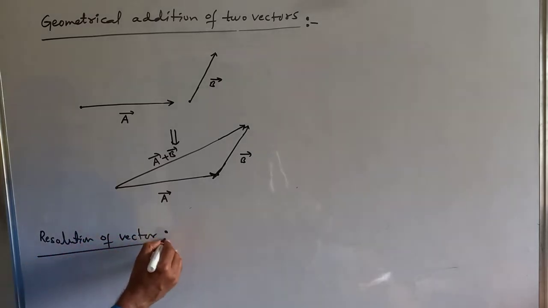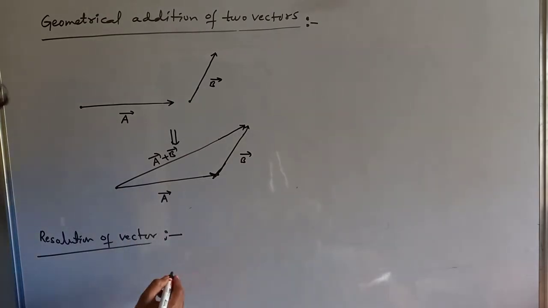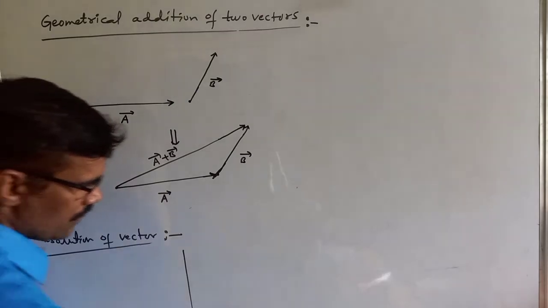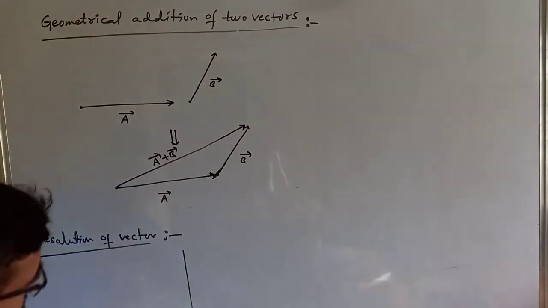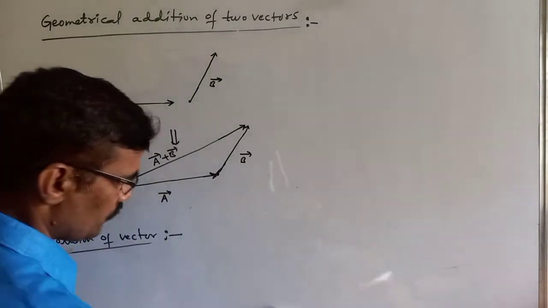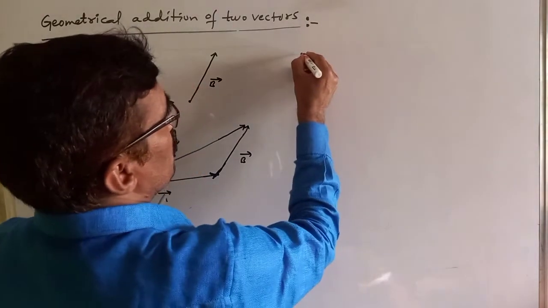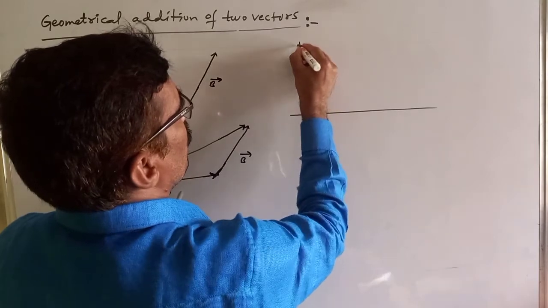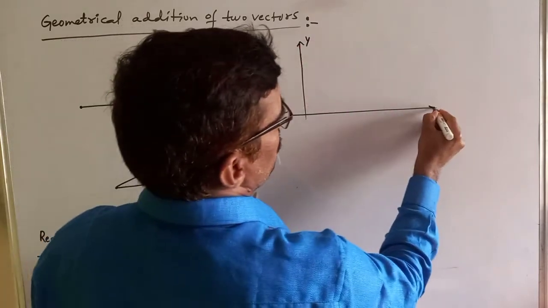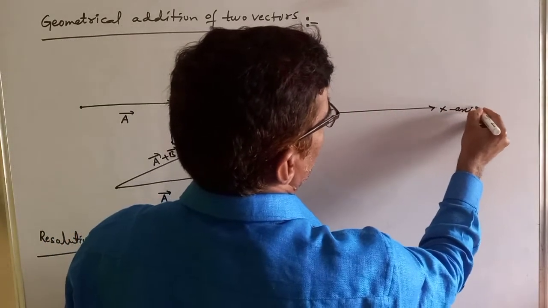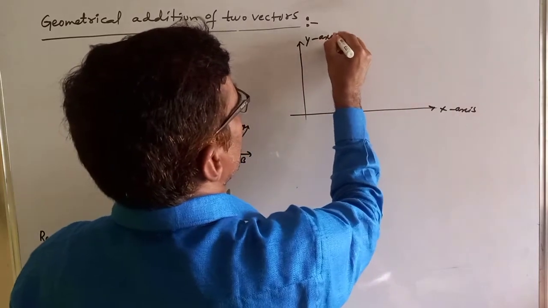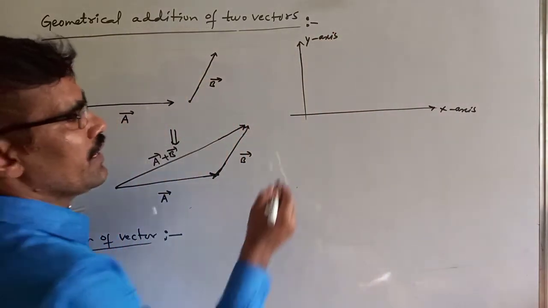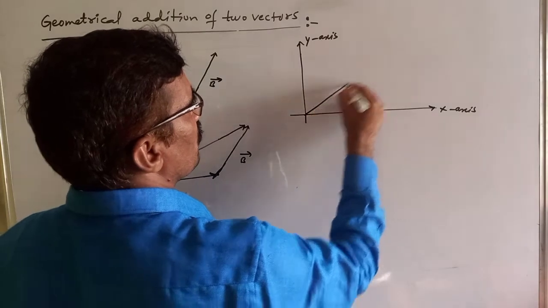How to resolve a vector? So here, let us consider the y-axis, this is beta, the x-axis. The vector A in the xy plane.